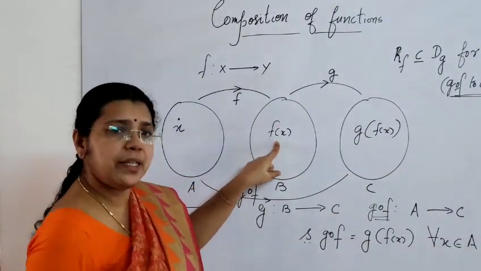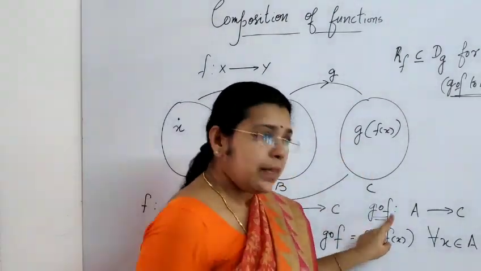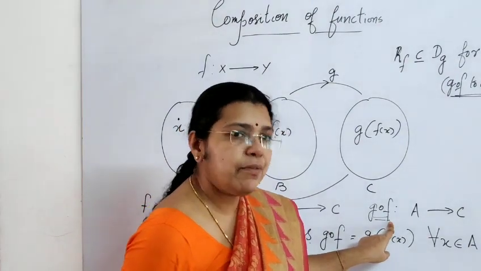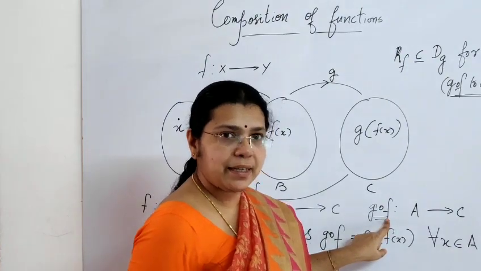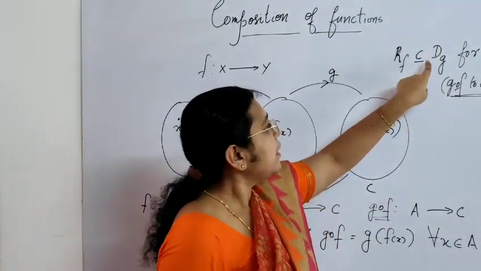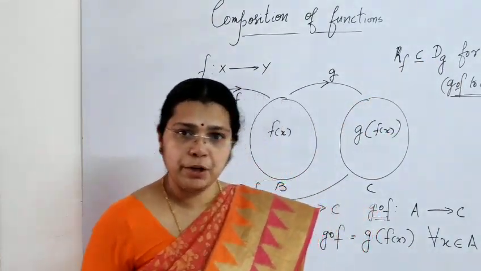So GOF means the function which is towards the extreme right will happen first. That is, GOF means f is acting first. So I can say for GOF to exist, the range of f is a subset of the domain of G.